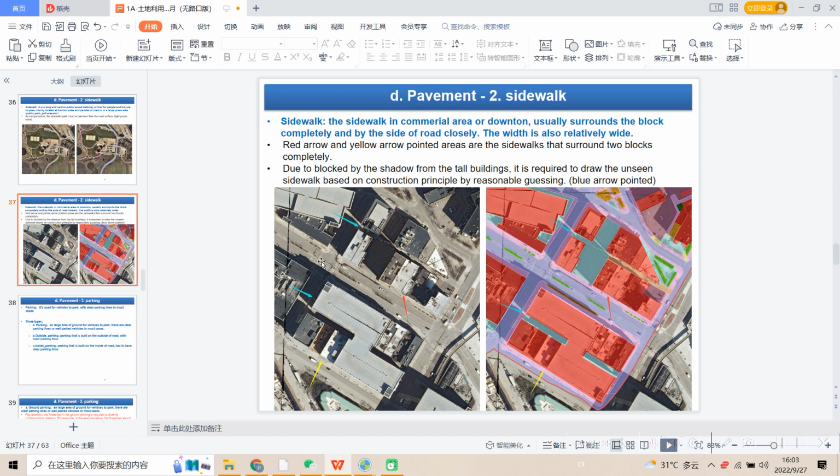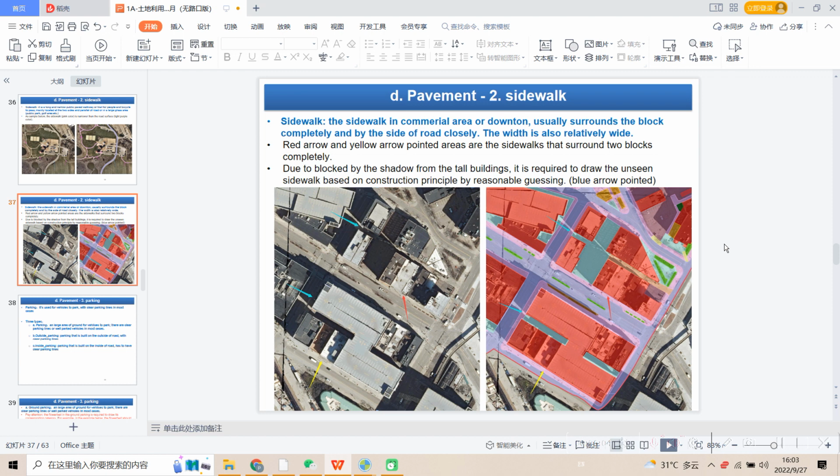Even though we cannot see the sidewalk under the shadow pointed by the blue arrow, we still need to draw it completely based on our best and reasonable guessing, and make sure they are all connected. So this is an example result of how the sidewalk should be drawn in the commercial area when it's blocked.